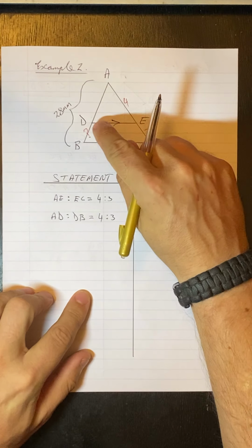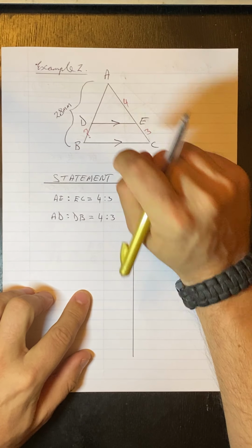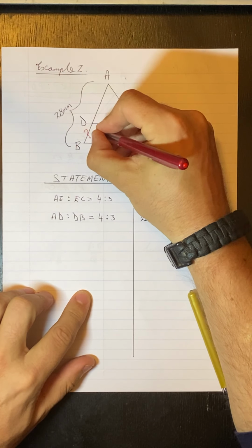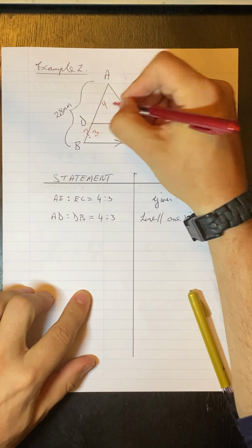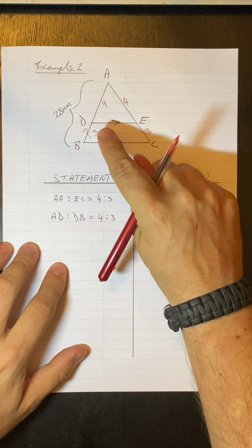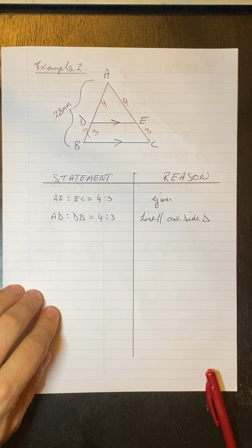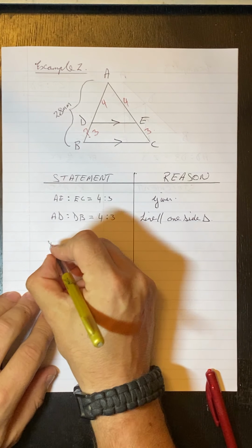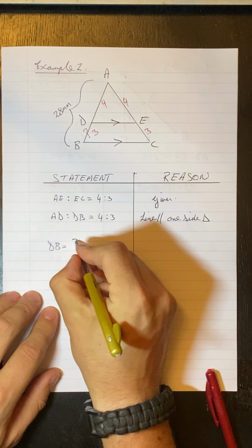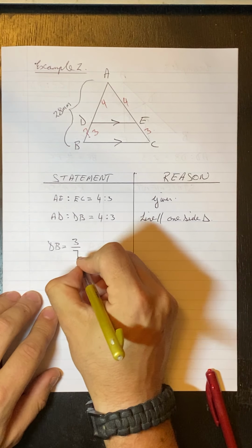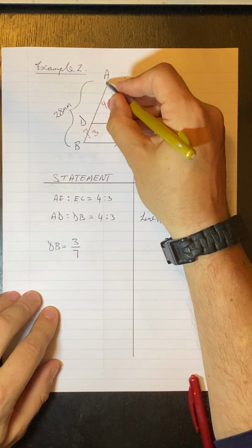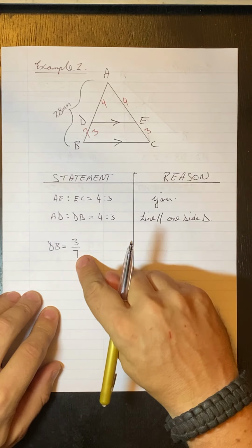So now I'm interested in this DB side. Okay, and we also now know that this is in the ratio 3 to 4 from here. So this little DB side there is going to be equal to 3 parts out of 7 parts, because if this is 3 and that's 4, a total proportion length of 7.